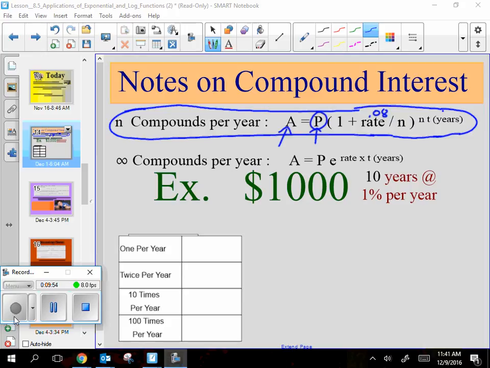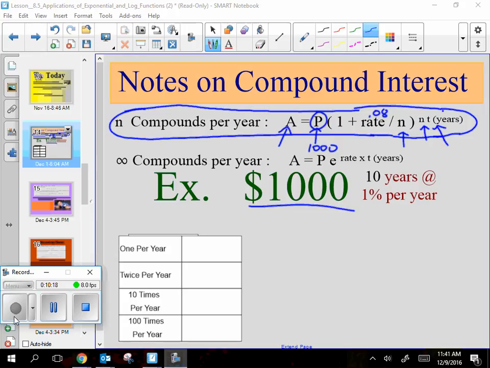All right, so would you please just put in these numbers, 1,000 in the principal, and we'll figure out A using, let's use 8%, and let's do the monthly compounding. So hopefully you know what to put there and there. And let's do it for 10 years.